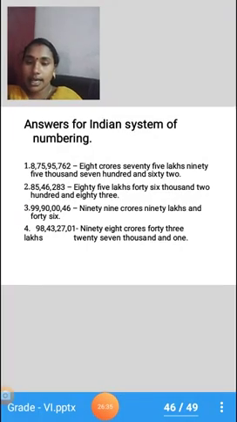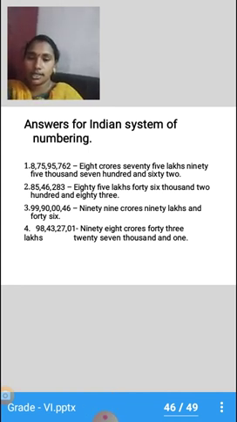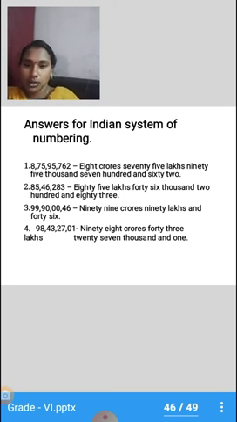The third question, 9, 9, 9, 9, 0, 0, 0, 4, 6. So this will be read as 6 in ones place, 4 in the tens place, 0 in the hundreds place, 0 again in thousands place, 0 in 10,000s place, 9 in the place of lakhs, again 9 in the place of lakhs, another 9 for crores, and the last 9 is for 10 crores.